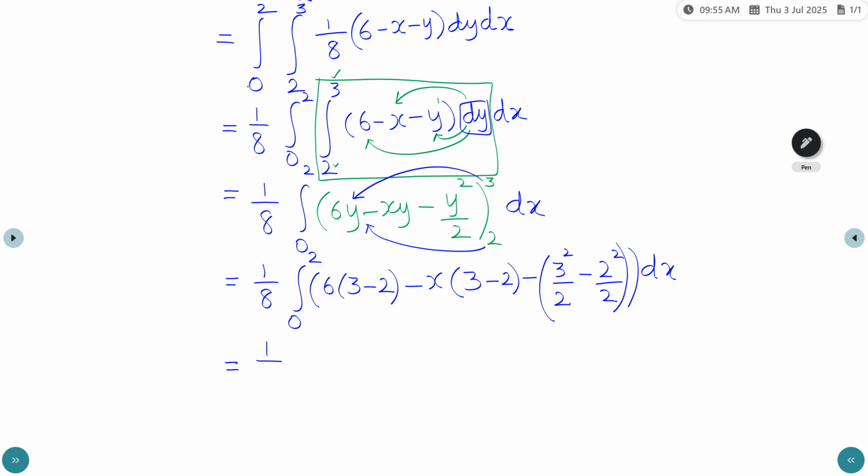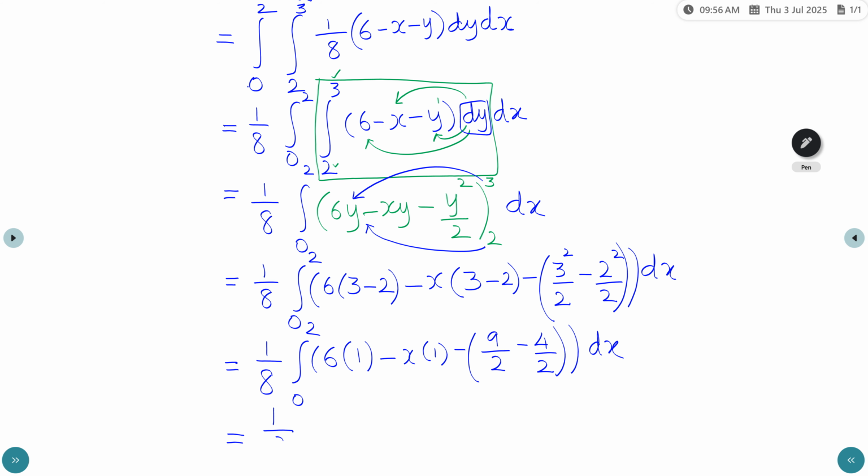That is 1 by 8 into 0 to 2, 6 into 1 minus x into 1 minus 9 by 2 minus 4 by 2 into dx.